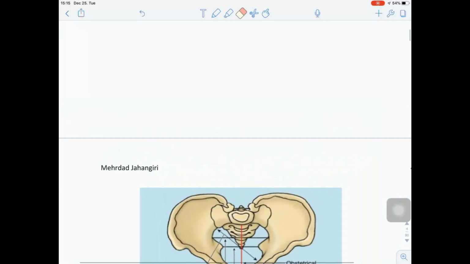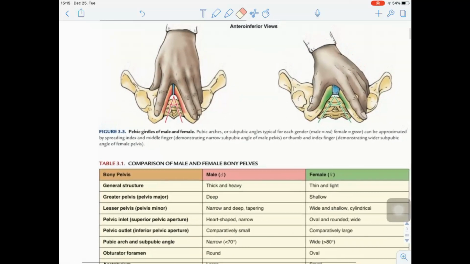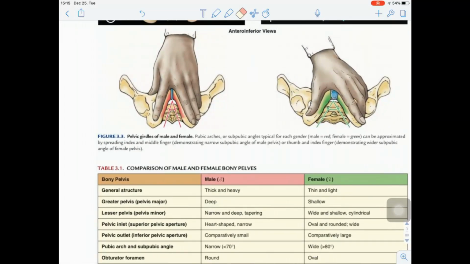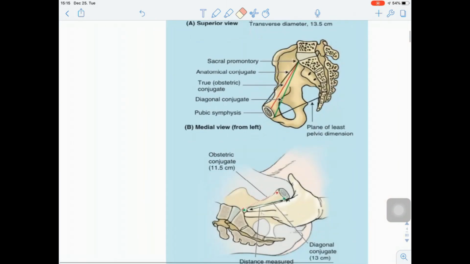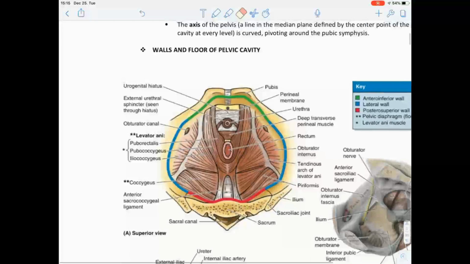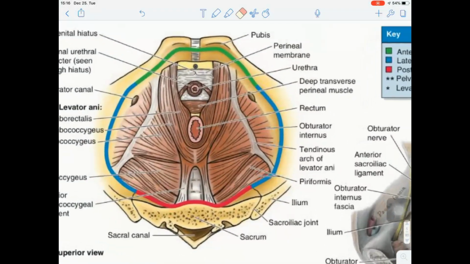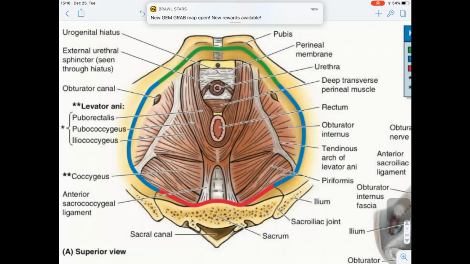So, let's get to the borders of the pelvic cavity itself. After knowing the lesser pelvic inlet and outlet, you know the upper and lower boundaries of the pelvic cavity. Now we get to see the actual borders of it. Here's the superior view of the pelvic cavity.